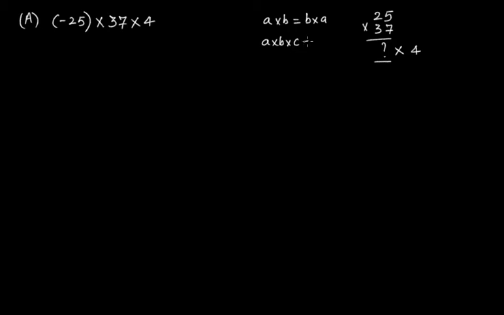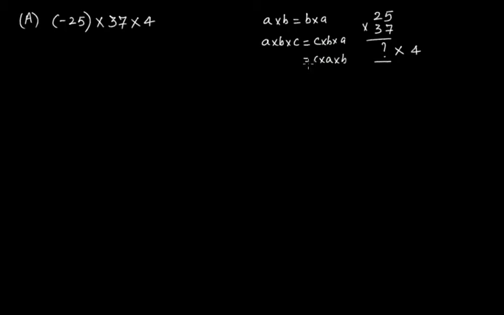So A times B times C will be equal to C times B times A, or C times A times B, whatever. This is also true for the commutative property.